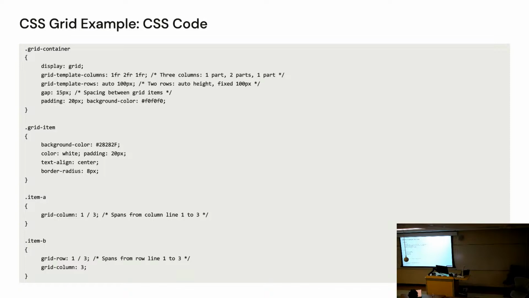Tell me, I have a class with a child saying grid column 1, 4, and grid row 2, 3. Where are we going? Someone tell me. Someone come up here and tell me where we're gonna go.